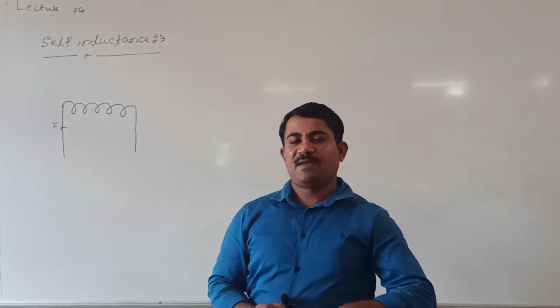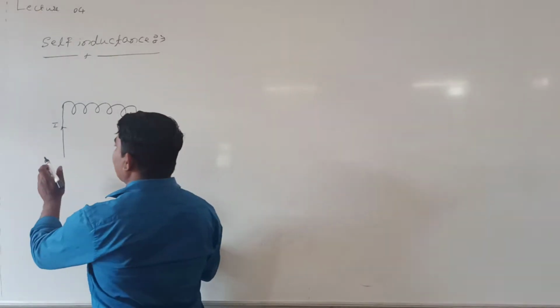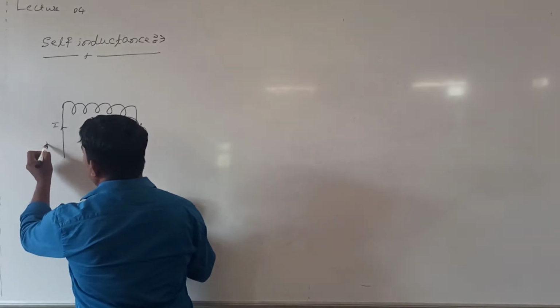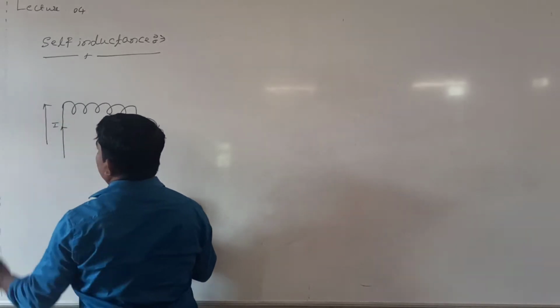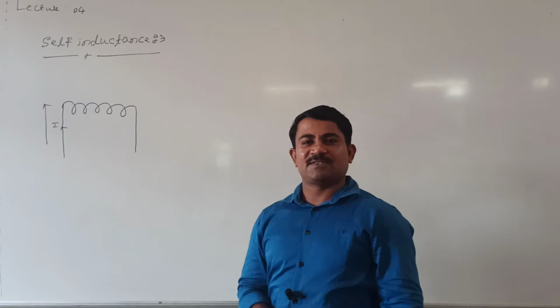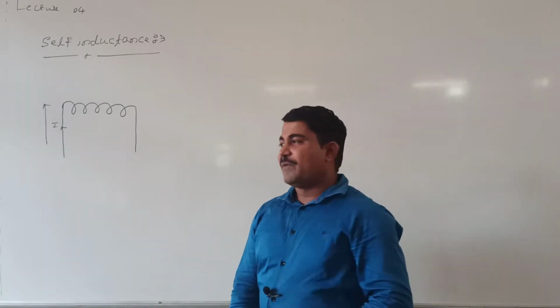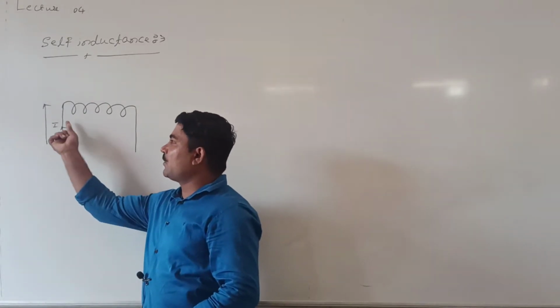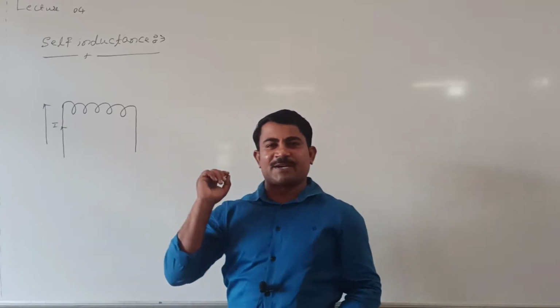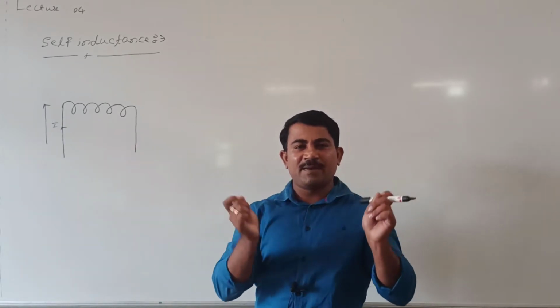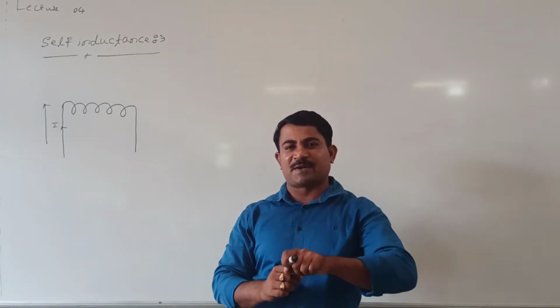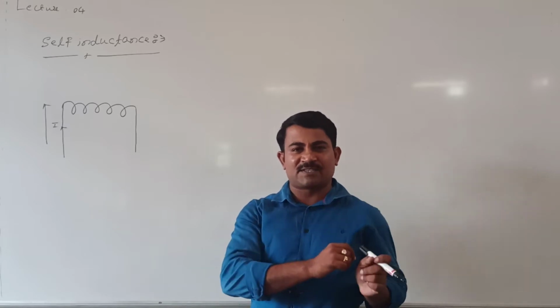But wherever in this coil or conductor the current increases, and I want to increase the current, a variable magnetic field is produced around it. Due to the variable magnetic field, changing magnetic flux is produced.